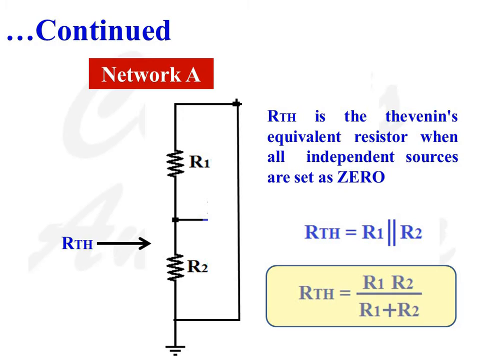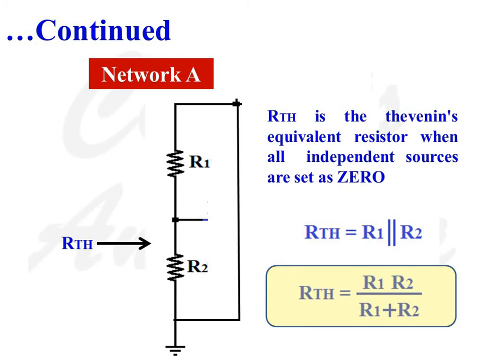The Thevenin equivalent resistance RTH can be found by replacing all independent sources with their internal resistances. Here there is only one independent source, the independent voltage source VCC. VCC is set to 0, or the voltage source VCC is replaced with its internal resistance, a short circuit.